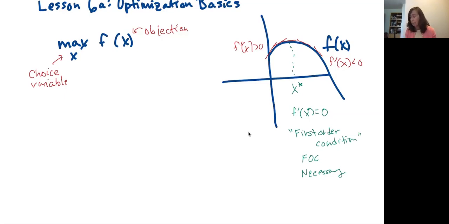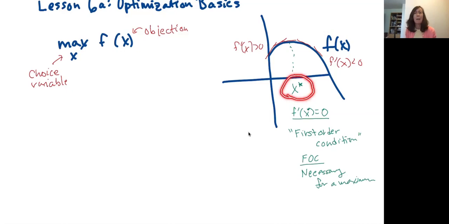It's right at this one point where the derivative hits 0, and in this case, it's going from being positive, we're going up the hill, to being negative, we're going back down the hill. It's right at that point where the maximum occurs. Okay, so the first order condition that the first derivative equals 0 is necessary for a maximum, necessary for x star to be a maximum.